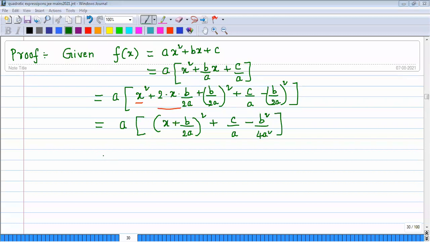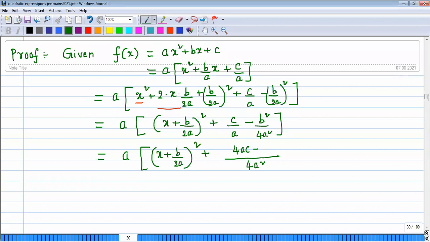So this equals a multiplied with x plus b by 2a whole square plus, here the LCM we can take, 4a square is the LCM. 4a square divided by a, we get 4a. 4a into c, 4ac, minus 4a square divided by 4a square, 1 into b square, b square.